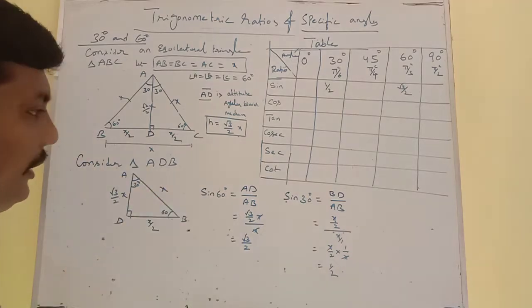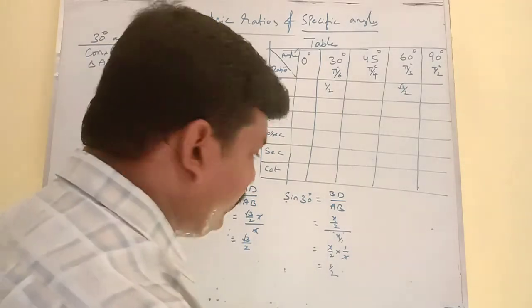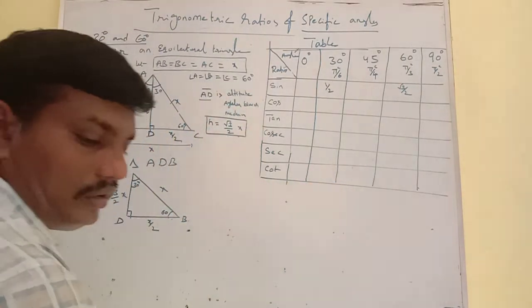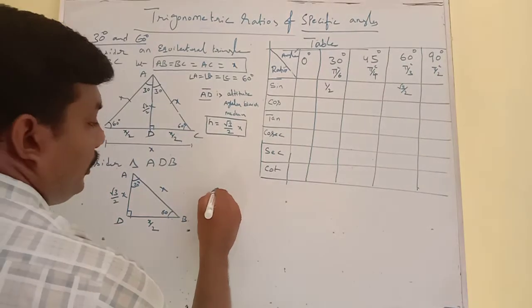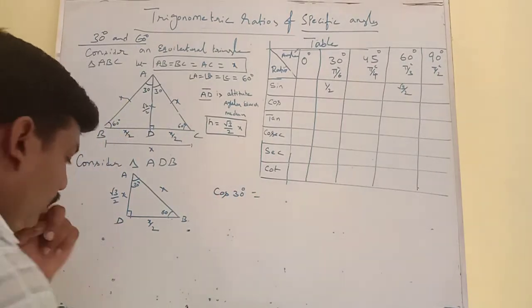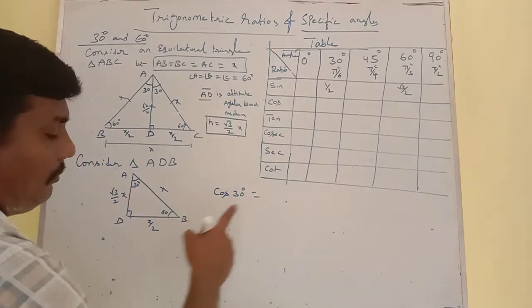In the same way we apply cos. How do we find the cos values? Consider cos 30 degrees and cos 60 degrees. Cos 30 is the adjacent side to 30 by hypotenuse.